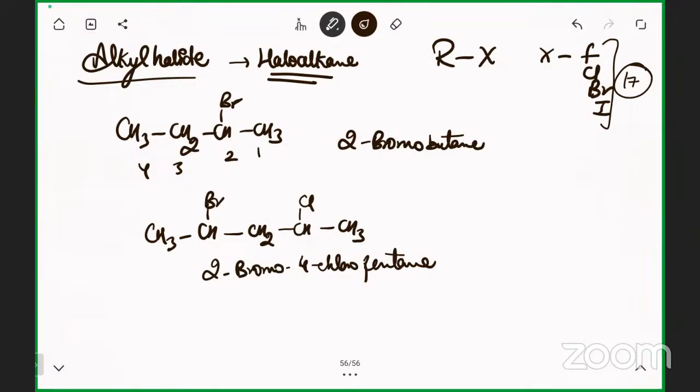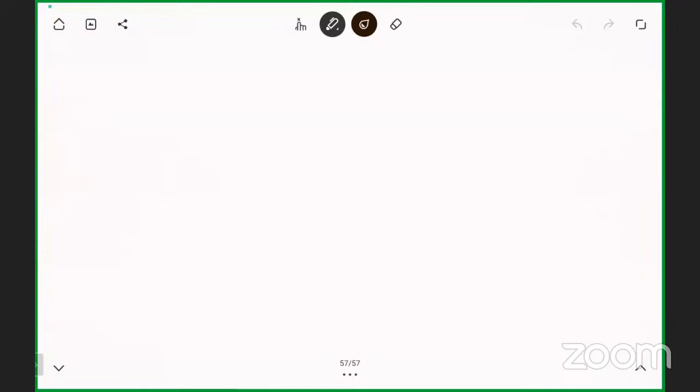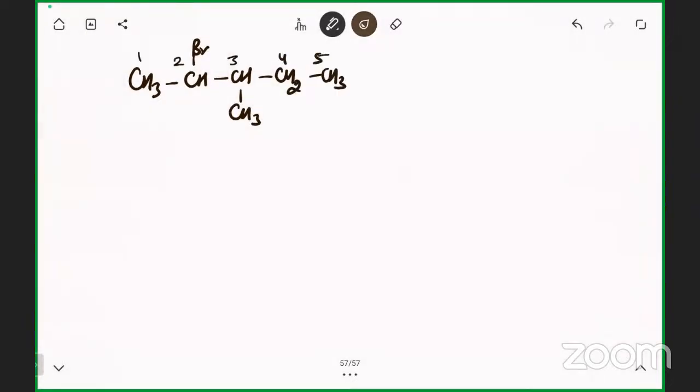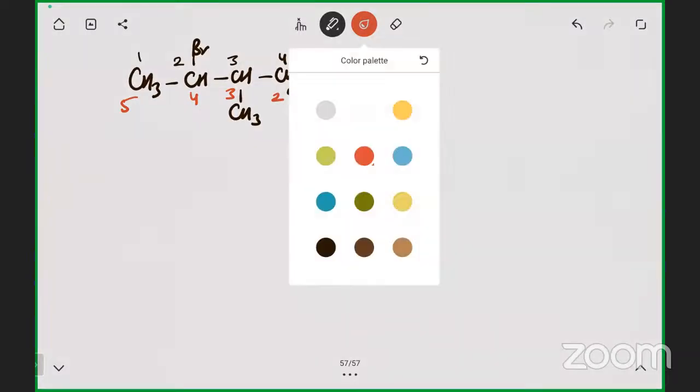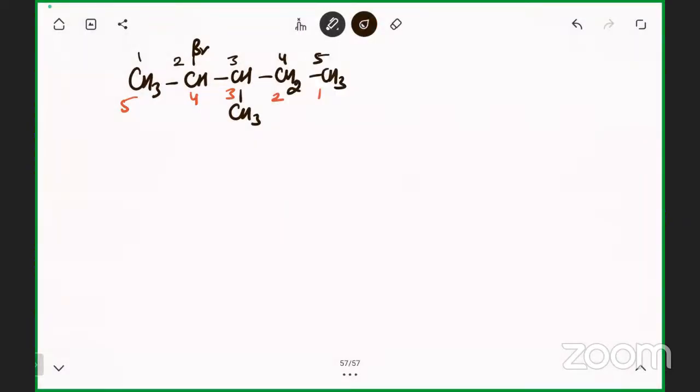So now let's make it some complicated. CH3, CH, then Br, then CH, then CH3, then CH2, then CH3. See, one type is 1, 2, 3, 4, 5. Another one is 1, 2, 3, 4, 5. Tell me, from left hand side, sir. Red or black? Black, sir. Why?